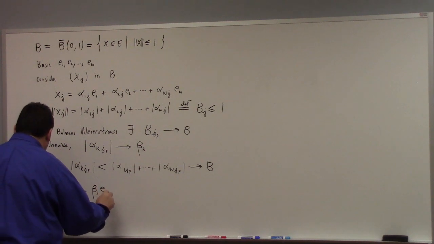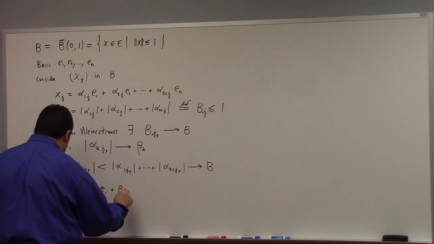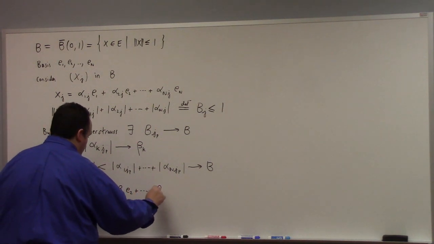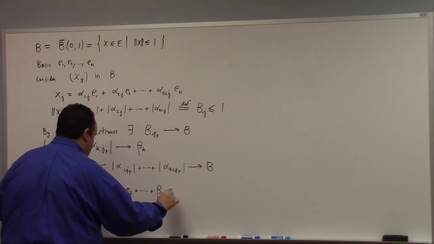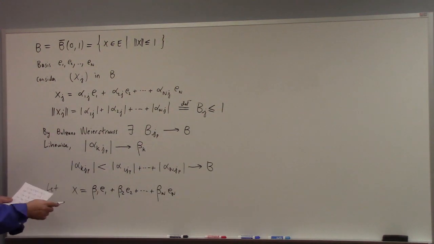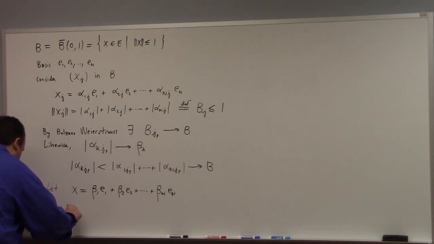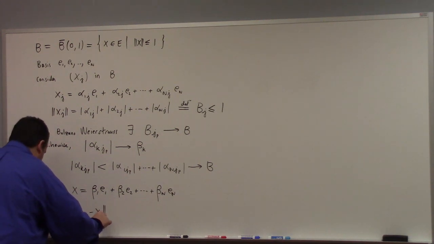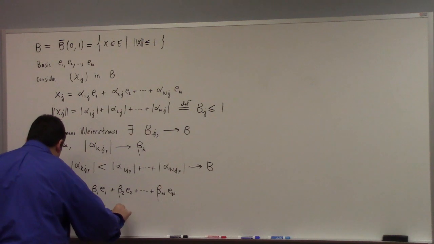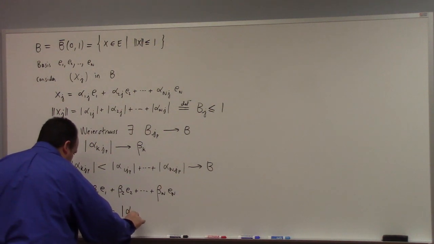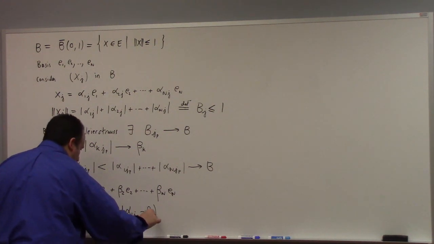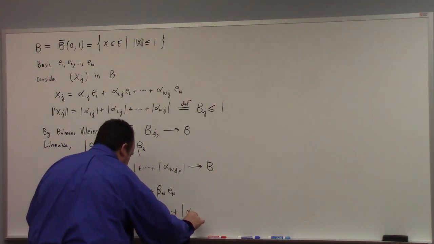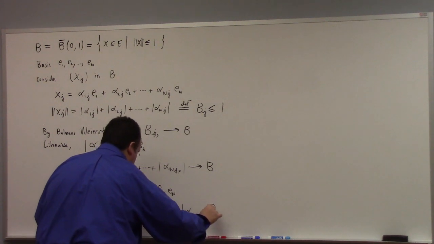See, the thing I was struggling with last time is I couldn't think of how to construct the limit sequence to which it was going. But now I see it. And then you can argue that the norm of x_jp minus x is, well, that's literally equal to the absolute value of alpha_1 jp minus beta_1 plus ... plus alpha_n jp minus beta_n.